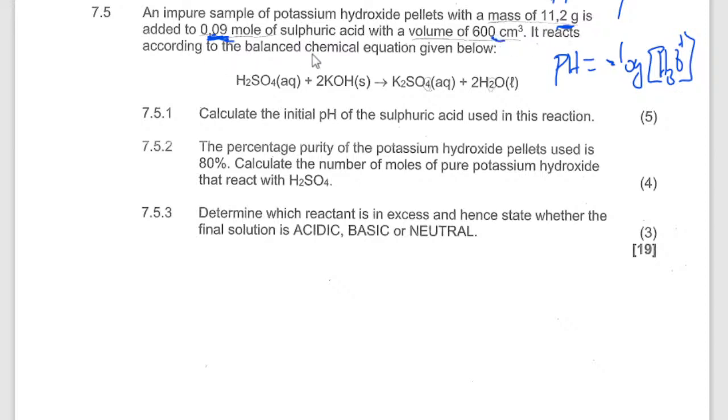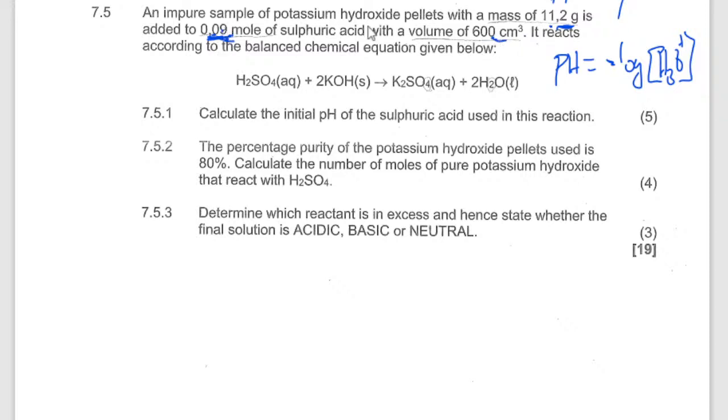It reacts according to the equation, saying that the impure sample of potassium hydroxide pellets with a mass of this is added to this sulfuric acid, with a volume of this.